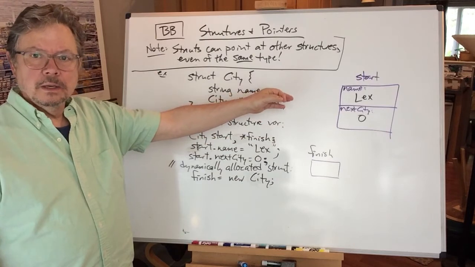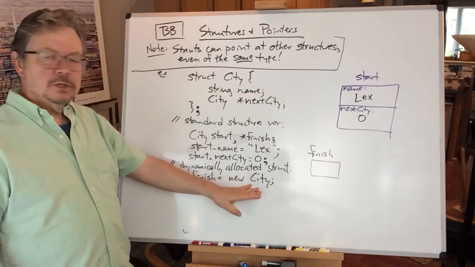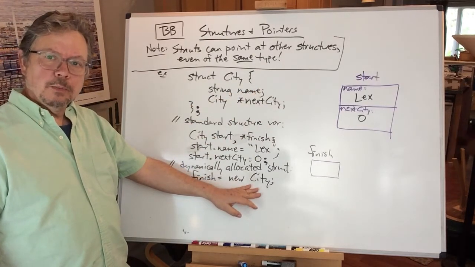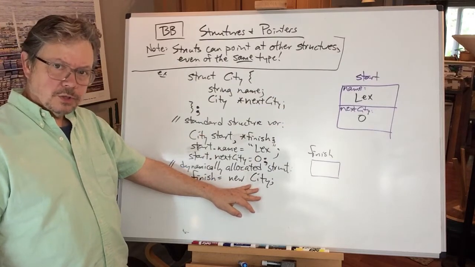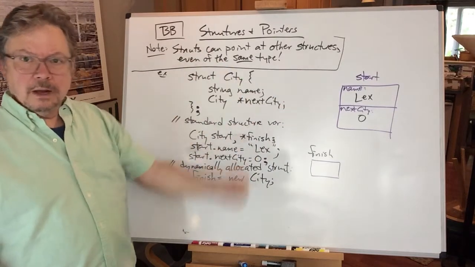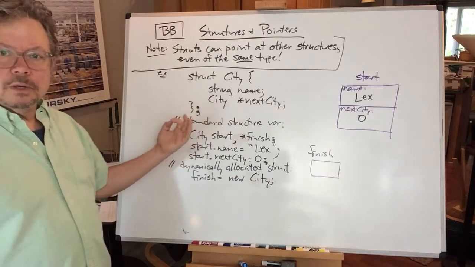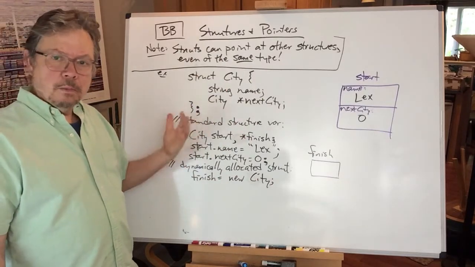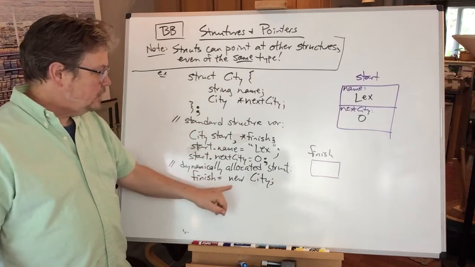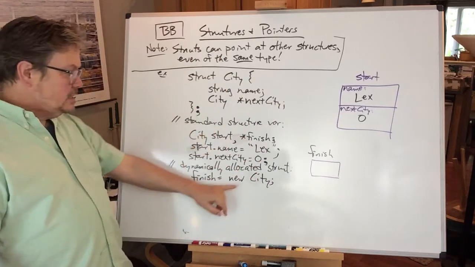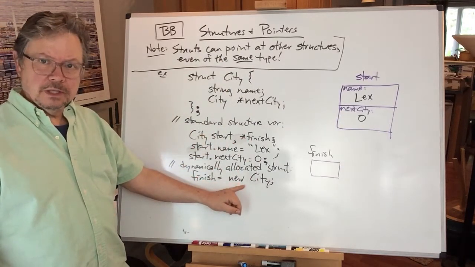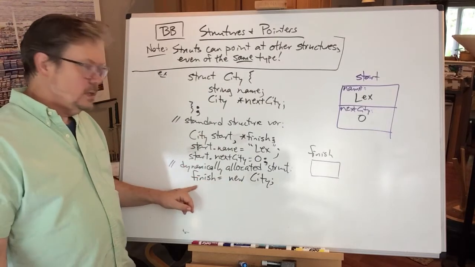It doesn't matter. The system will go in search of a chunk of storage that's not currently being used by your program that's large enough to hold a city structure. Claim it. I now pronounce this chunk of storage as being used by program X, or whatever this is. I now mark that as being used by this program, and then return the address of where it found a place for this new city, and that address is going into finish.